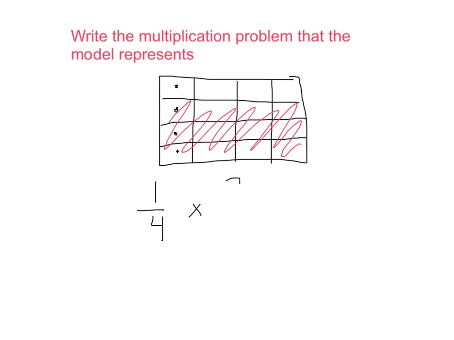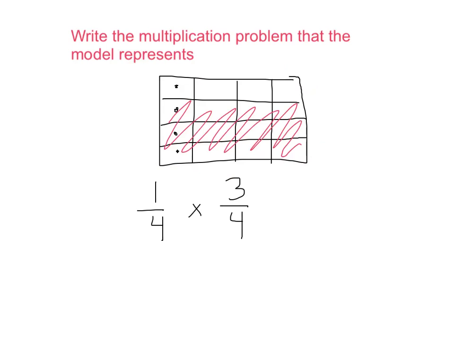So 3/4 is going to be what I'm multiplying 1/4 by. So just to repeat, looking at my columns going down, I have 1 out of the 4 shaded, and looking across, I have 3 out of my 4 rows shaded. This is my multiplication problem.